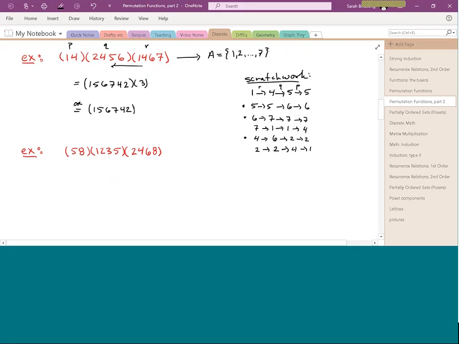Okay. So again, I'm going to put scratch work over here to the side so we can track what we're doing. And let me label the arrows here a little better than I did in the other one. When we multiply together, you always multiply right to left, so it feels backwards.